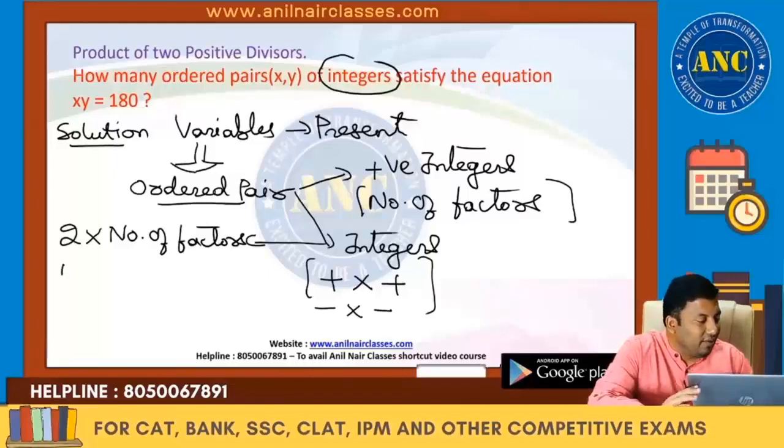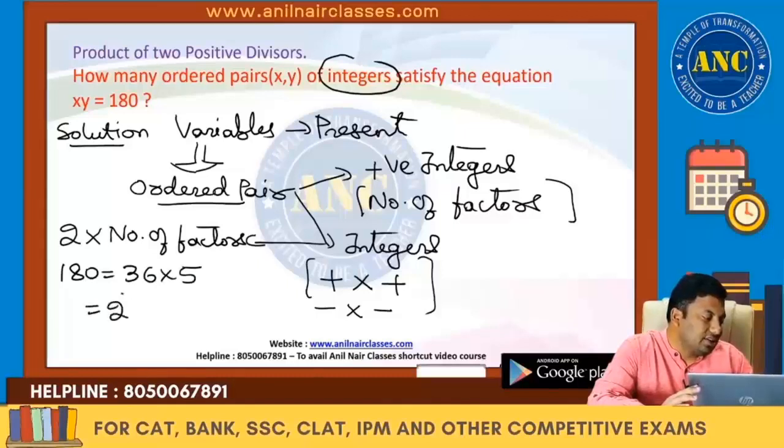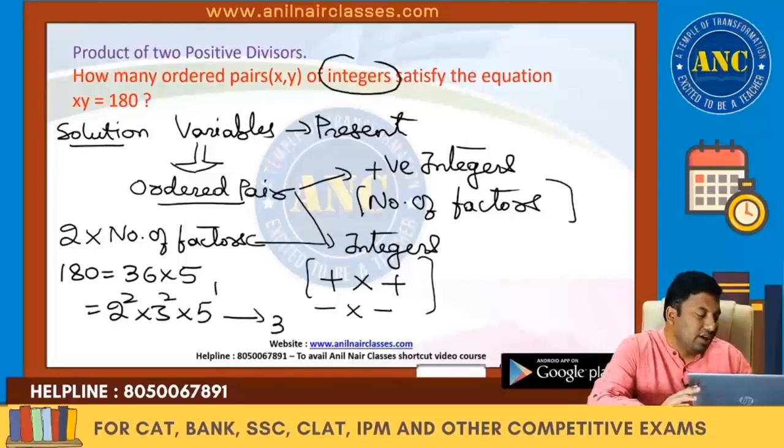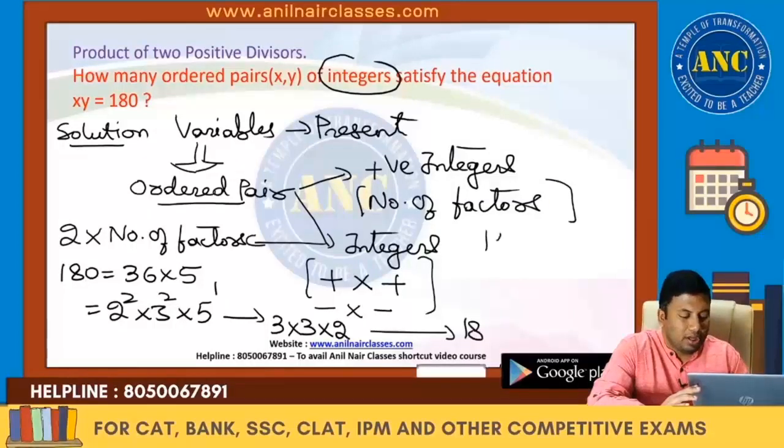So 180 is nothing but 36 into 5. 36 is 2 square into 3 square, and 5 power 1. 2 square gives 3, 3 square gives 3, 5 power 1 gives 2 cases. So 18 positive cases and 18 negative cases.